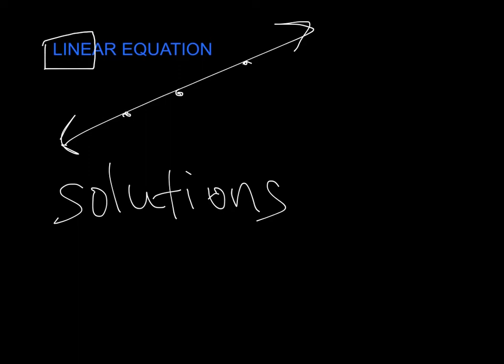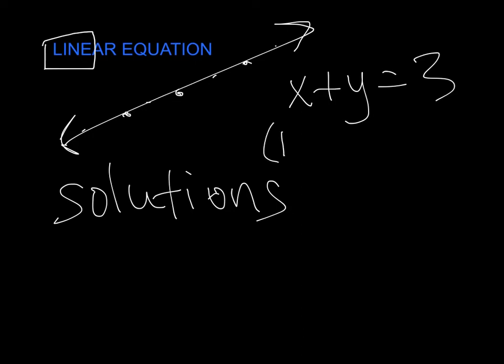So, to find the solutions of an equation, if I have an equation x plus y equals 3, and I want to know what are some of the solutions, there are infinite solutions, essentially, because for every x along this line, there's going to be a y. Well, let's say I want to know when x equals 1.